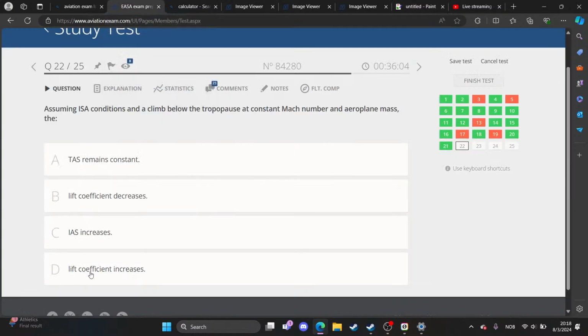See, this coefficient of lift increases. See, I got this.